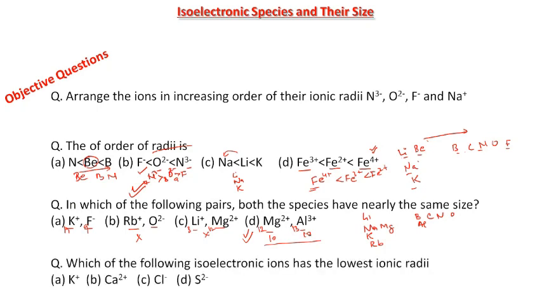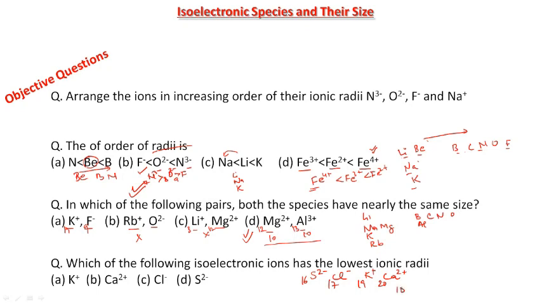The next question is, which of the following isoelectronic ions has the lowest ionic radii? To determine the lowest ionic radii, we have to arrange these ions in increasing order of their atomic number. So sulfur, then chlorine, then potassium, then calcium. So this is 16, 17, 19 and 20. So this has 2-, 1-, 1+, 2+.